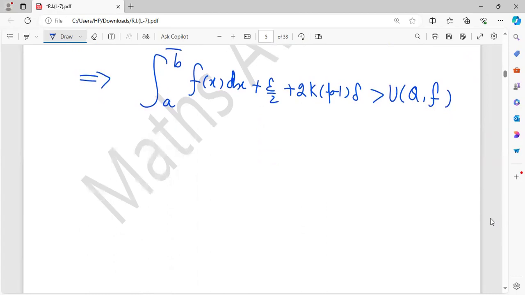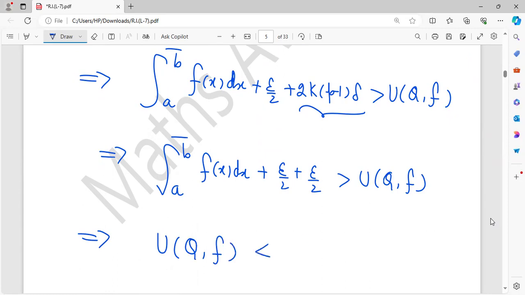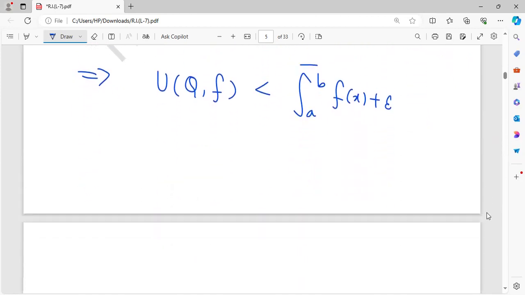So this implies the integral from a to b of f(x) dx, but this is also epsilon. So this implies U(Q, f) is less than the integral from a to b of f(x) dx plus epsilon.